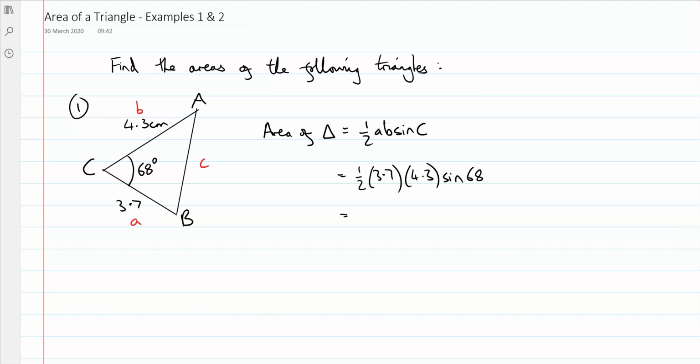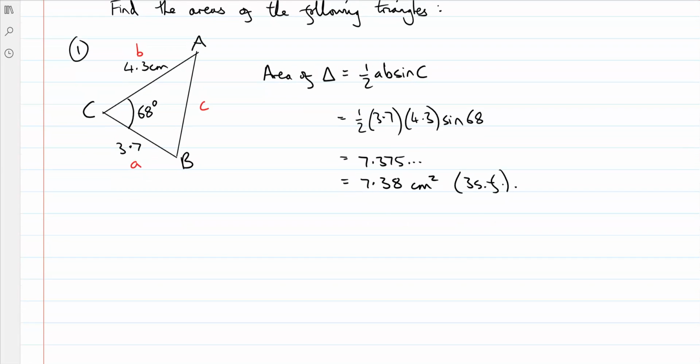So half, or 0.5, times 3.7 times 4.3 times sine 68. And we get 7.375, etc. So 7.38. Remember, it's an area, so it'll be centimeters squared, and we're doing it to 3 SF. So it should be nice and straightforward.